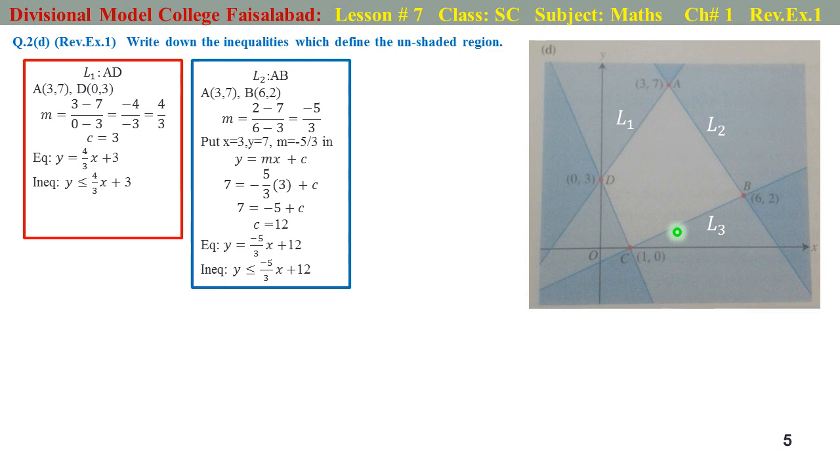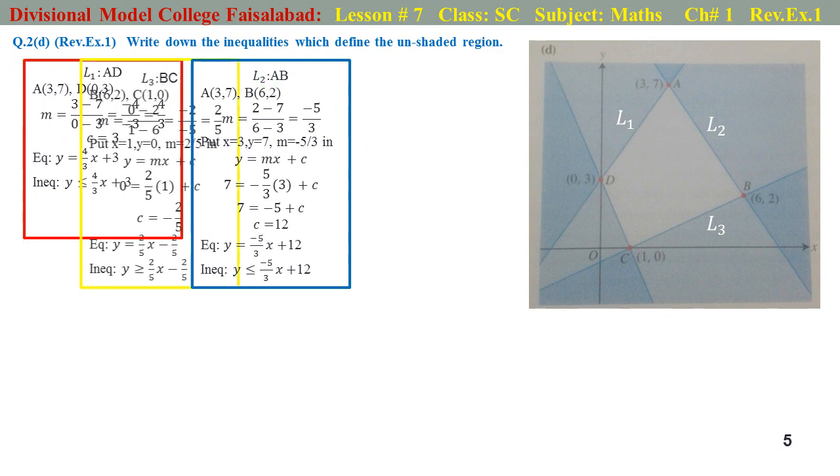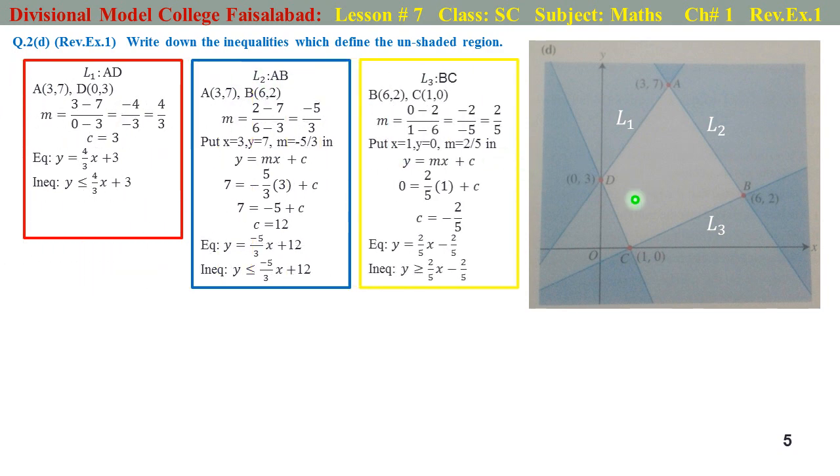We will calculate the y-intercept by the same method which we have used to find m and c for line L2. Because line L3 is passing through points B and C, using the 2-point formula, y2 minus y1 over x2 minus x1, we get minus 2 over 5 minus 5. Because both are negative, the final gradient is positive 2 over 5.